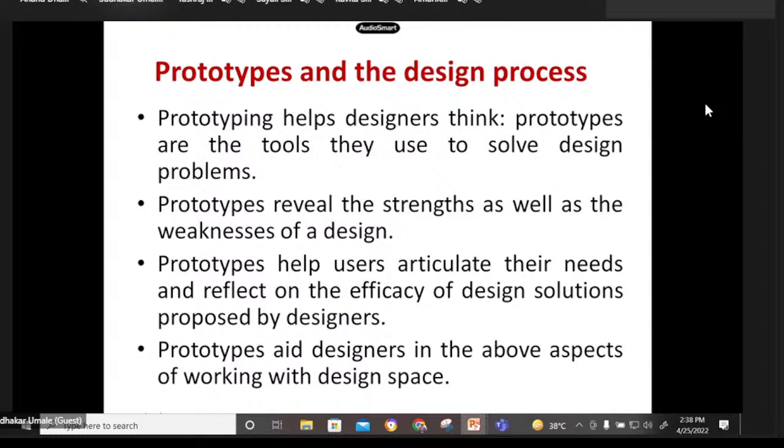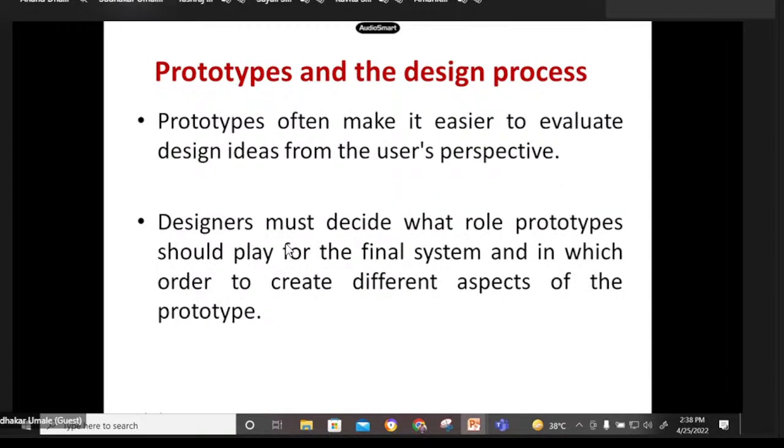Prototypes help users articulate their needs and reflect on the efficacy of design solutions proposed by designers. Prototypes aid designers in the above aspects of working with design space. And hence, all these ideas are helpful for designers. Prototypes often make it easier to evaluate design ideas from the user's perspective.